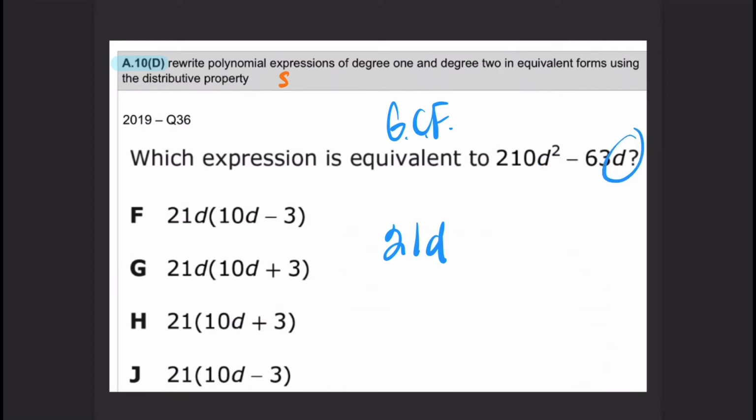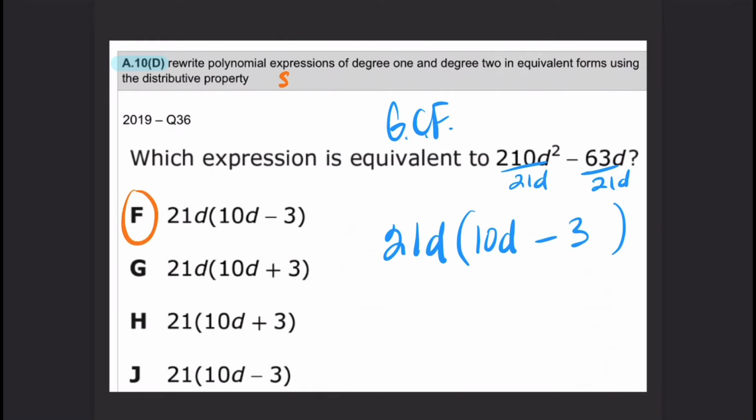This term has a d, so therefore we can factor out a 21d from both of these 2 terms. So 210d squared divided by 21d is 10d. Negative 63d divided by 21d gives us negative 3. So if I look at my answer choices, the correct answer here is F.